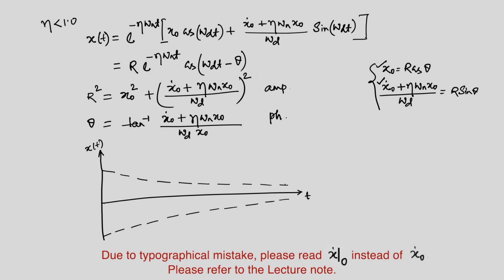So, that is the first part, which is the exponentially decaying part. Then it will start with some finite value.